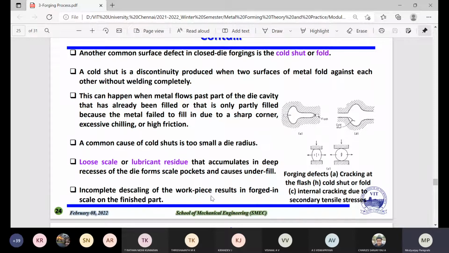Incomplete descaling of the workpiece results in a forged-in scale on the finished part. So whenever you are not cleaning or removing it properly, that will also make some impact, or you will find a crack somewhere on the surface, because inside it will be much more difficult, as it is only connected to the surface. If some chips are there on the surface, whenever you are forging, you will find some overlap kind of structure on the surface.